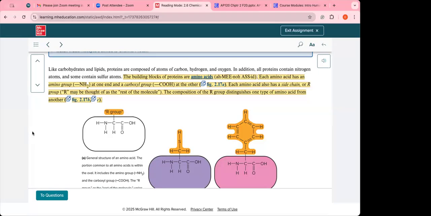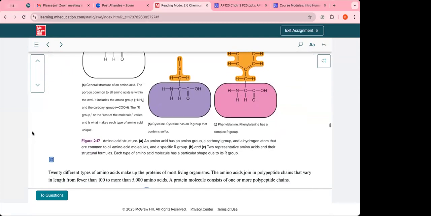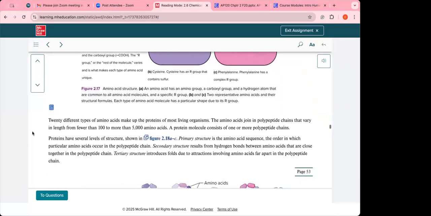Okay, keep going. 20 different types of amino acids make up the proteins of most living organisms. The amino acids vary in length. Proteins have several layers of structure.